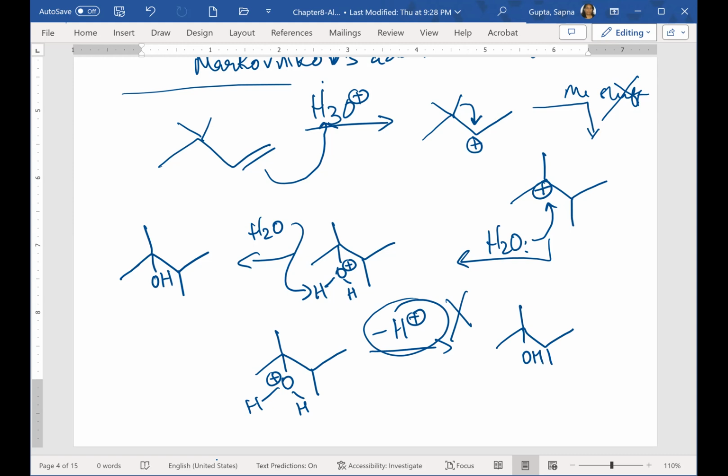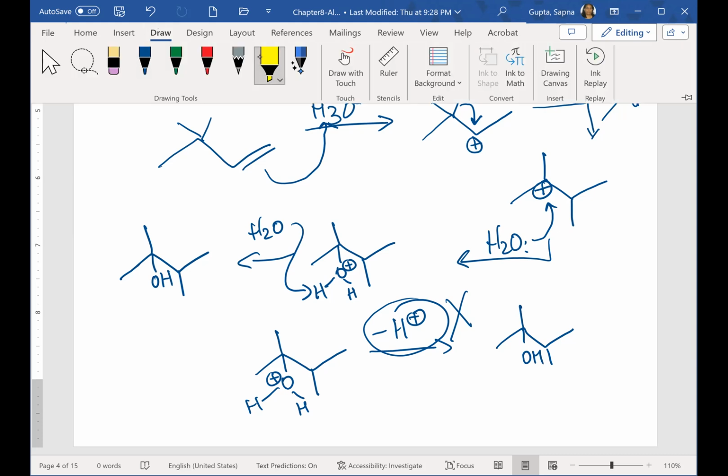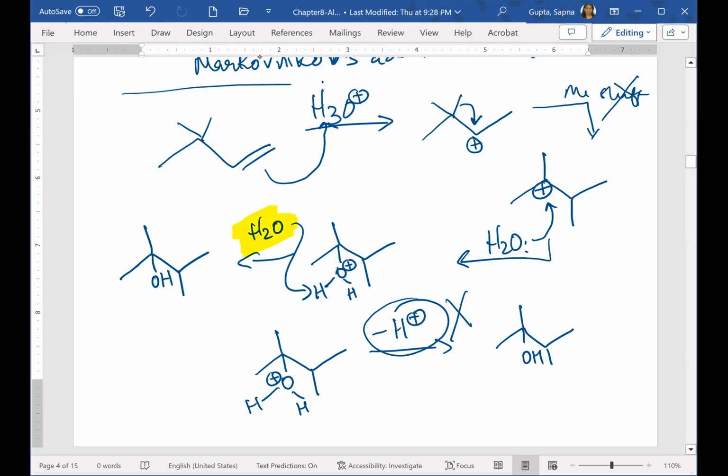Because I need to know how the proton is getting lost, okay? How are you losing it? Because a proton is not just going to leave by itself. Something needs to come and take that proton away, all right? So which means that you need to have the water here, okay? That needs to come and pick up the proton. That's what you need to do, okay? So don't just write minus H plus.